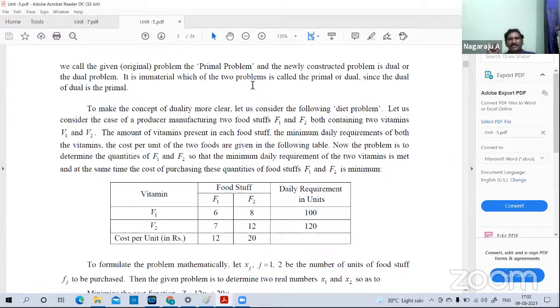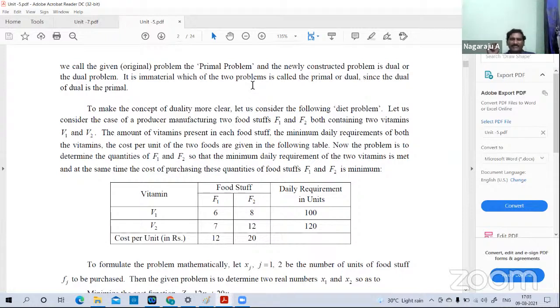The problem is to determine the quantities of F1 and F2 such that the minimum daily requirements of the two vitamins are met and, at the same time, the cost of purchasing these quantities of foodstuffs F1 and F2 is the minimum.